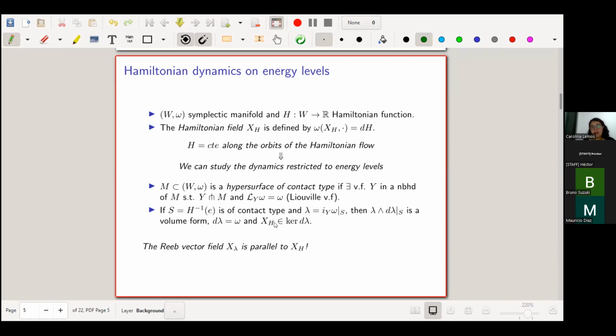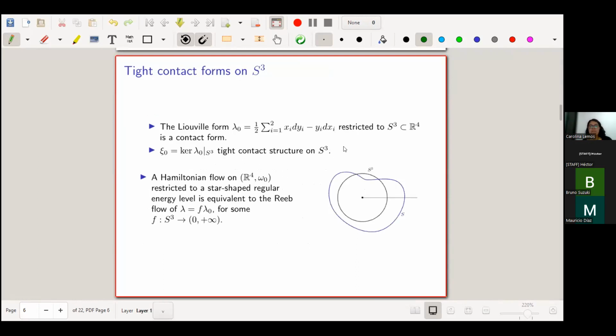So that's the idea. And also we have the opposite. If we have a contact manifold and a Reeb vector field on it, we can see it always as an energy level of a special Hamiltonian. So that's why they are very related.